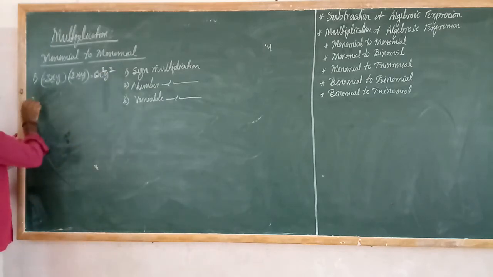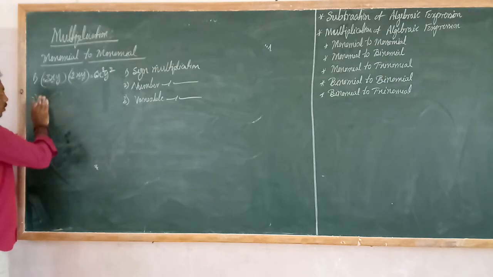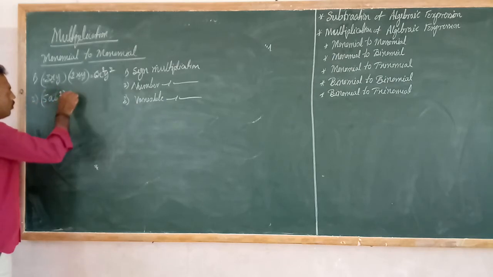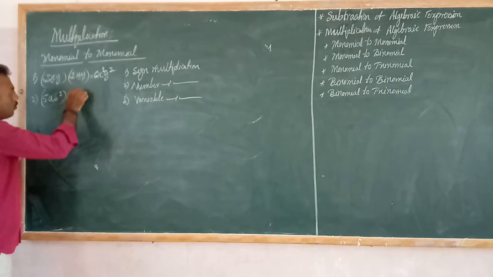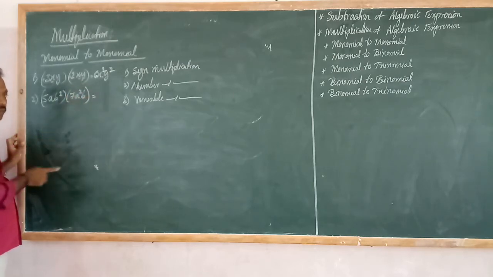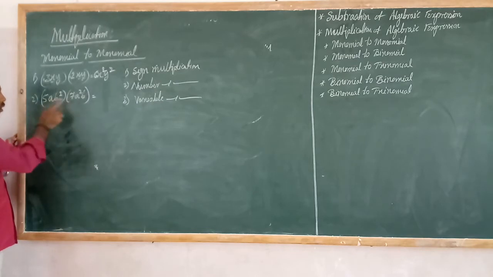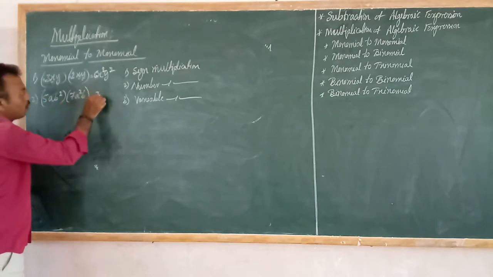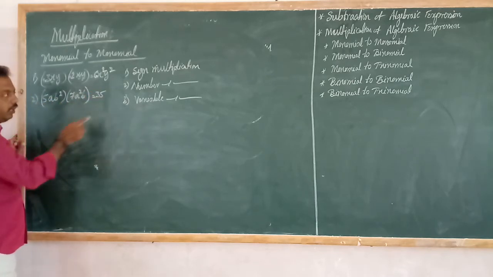Okay, next one: 5ab square into 7a square b. First, sign multiplication. It has a plus sign, so you need not multiply the sign; go directly. 5 7s are 35. After that, variable multiplication.